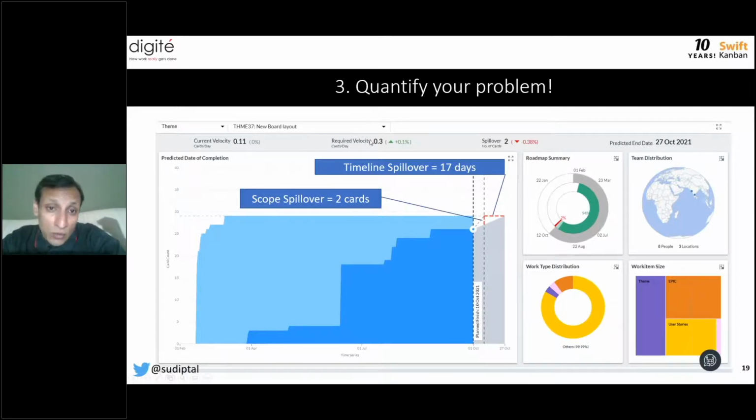Then they look at whether they can bridge the entire gap by just improving velocity. If I can't, let me go back to business and see: can I buy more time, or do I need to do my scope adjustment? So I have a certain demand rate at which my scope is increasing, and a certain capability rate, and I need to match the two to make sure the final objective happens.